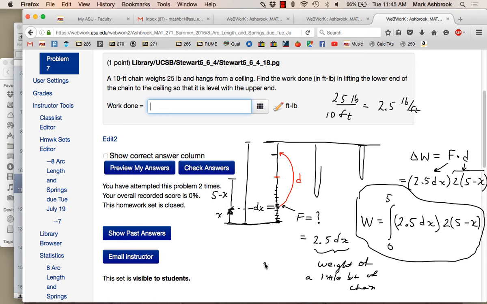Yeah. Why is your upper limit 5? Because x is the distance up from the bottom of the chain. Which little bits of chain are we moving? So the first little bit of chain here is at x equals 0. Do you see that? Where's the last little bit of chain that we're moving when we have this configuration in the end?